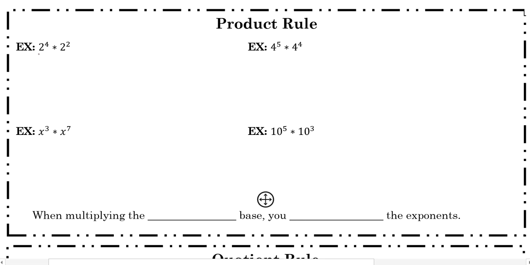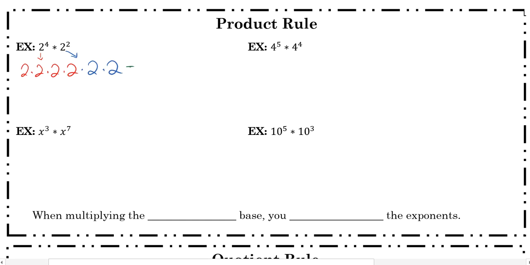So if I look at my expression here, I have 2 to the 4th power times 2 to the 2nd power. Well, 2 to the 4th power is the same as saying 2 times itself 4 times. And 2 to the 2nd power is the same as saying 2 times itself 2 times.